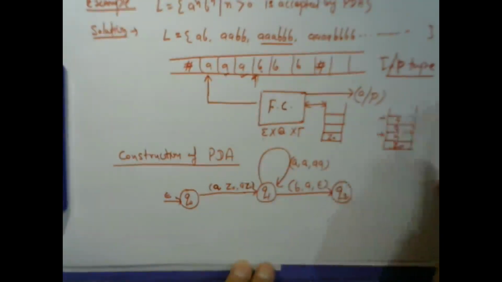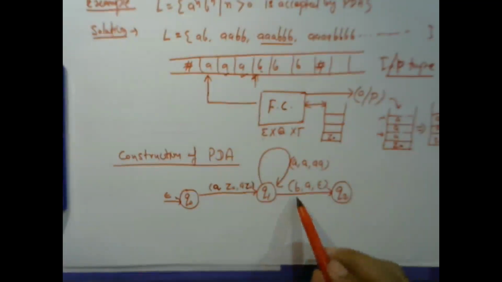Now, when the first operation is performed, we use the stack: there is a push operation, and again a pop operation. With Z0 and A, only two A's remain because one is popped. The first A is popped because the first B is encountered.